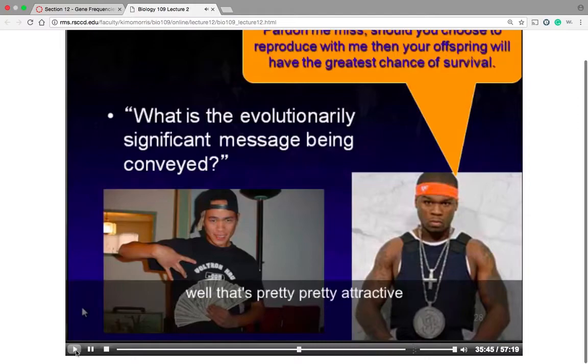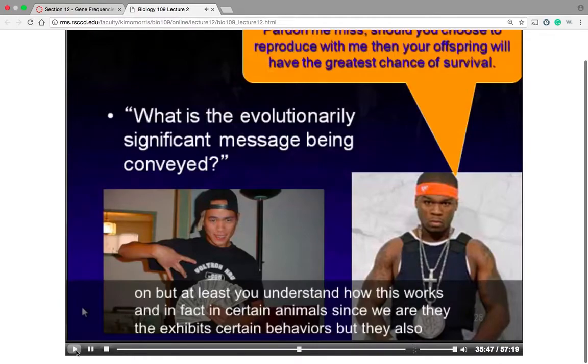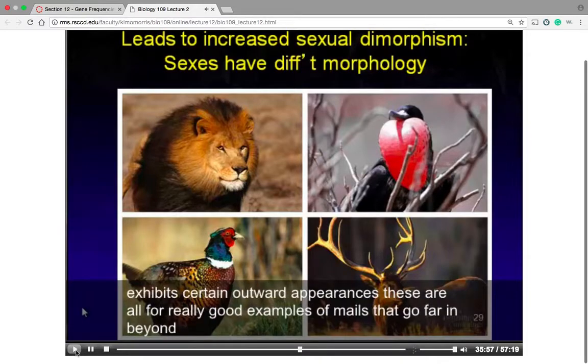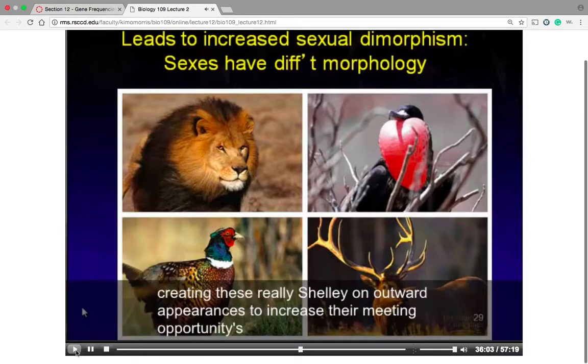Wow, that's pretty attractive. But at least you understand how this works. And in fact, certain animals exhibit certain behaviors, but they also exhibit certain outward appearances. These are all four really good examples of males that go far and beyond creating these really showy outward appearances to increase their mating opportunities.